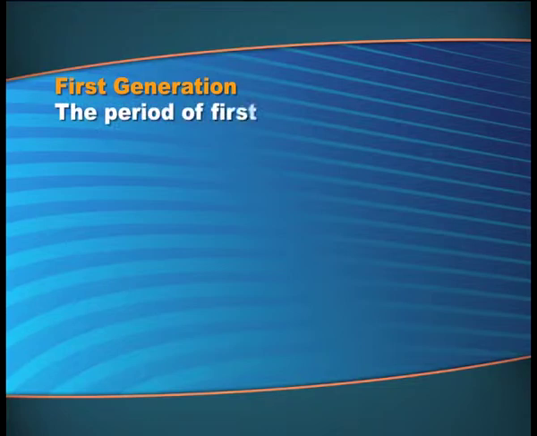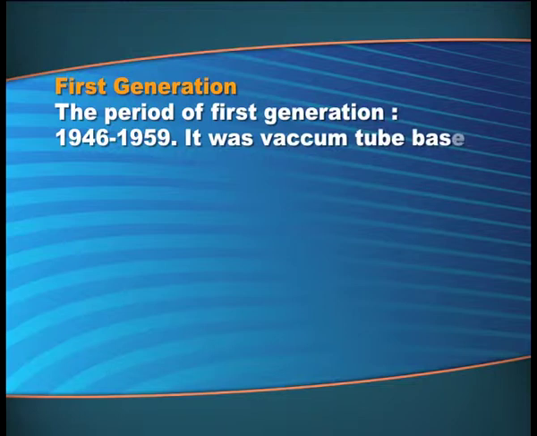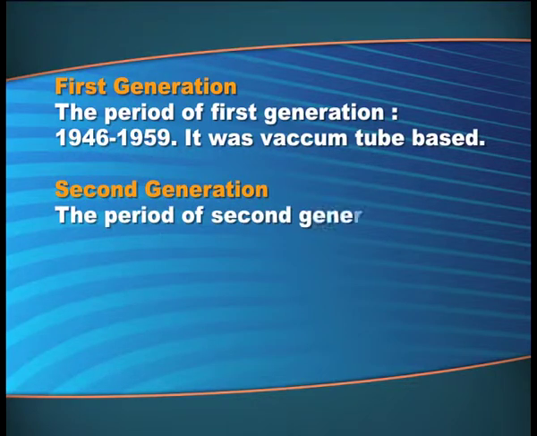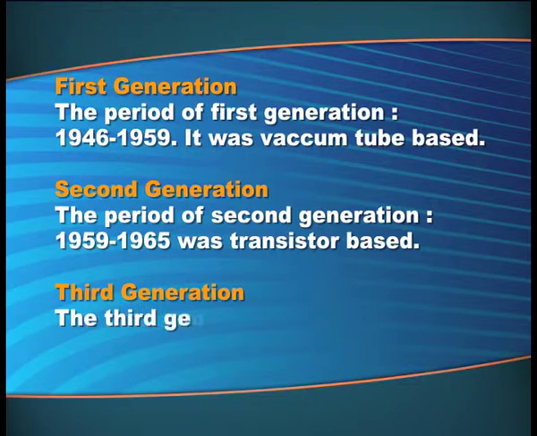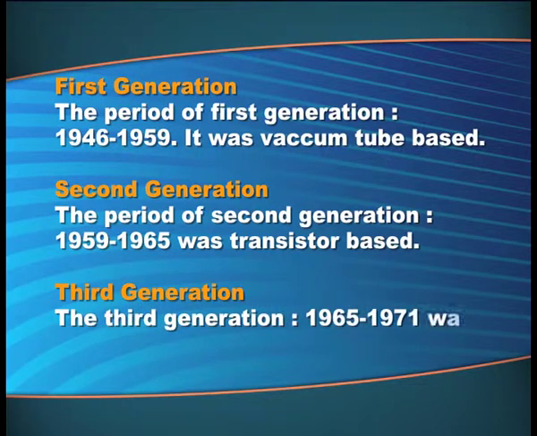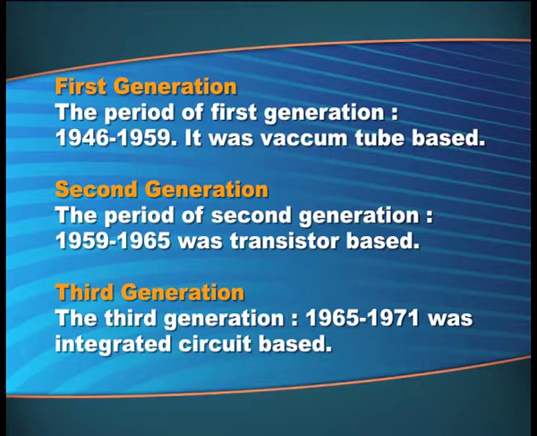Generation and description. First generation, 1946 to 1959, was vacuum tube based. Second generation, 1959 to 1965, was transistor based. Third generation, 1965 to 1971, was integrated circuit based.